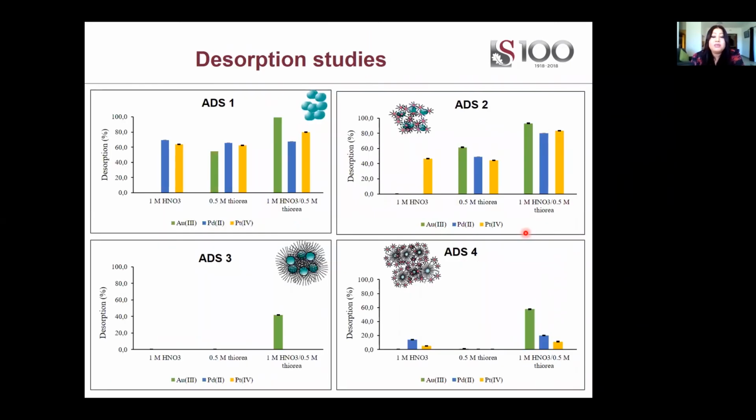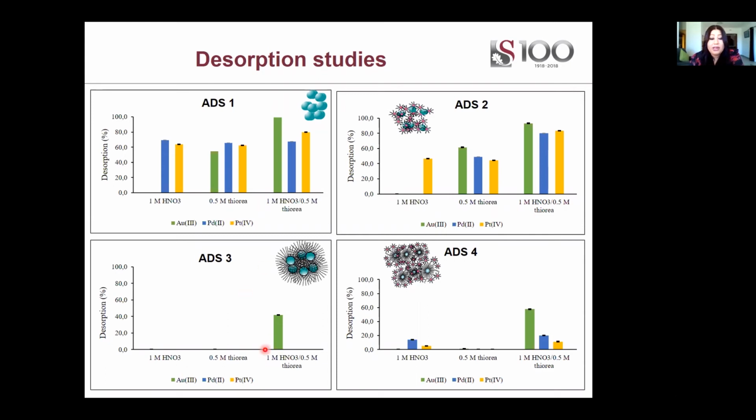So we looked at desorption studies and we used stripping agents, nitric acid, thiourea, and then a mixture of the stripping agents. And we saw that for the naked amines, this was easily desorbed. For adsorbent 2, in all cases, we can say the mixture of the nitric acid and the thiourea gave the best desorption from the adsorbents.